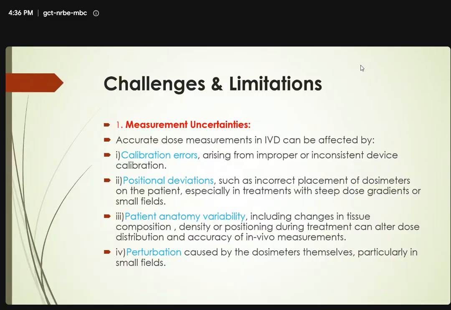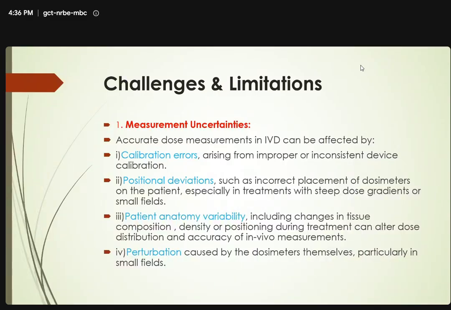Second is positional deviation, such as incorrect placement of dosimeter on the patient, especially in treatment with the steep dose gradient and small fields. Third is patient anatomy variability, including changes in tissue composition, density, or positioning during the treatment, which can alter dose distribution and accuracy of in vivo measurements.